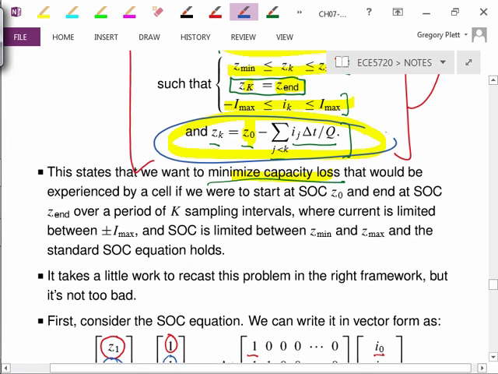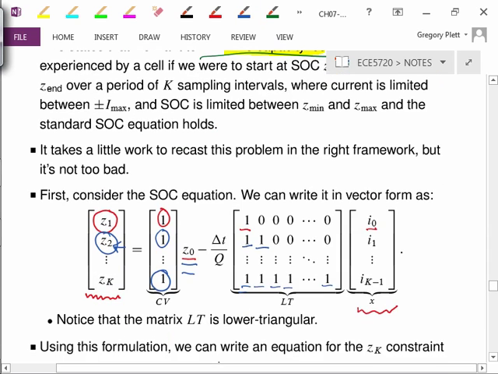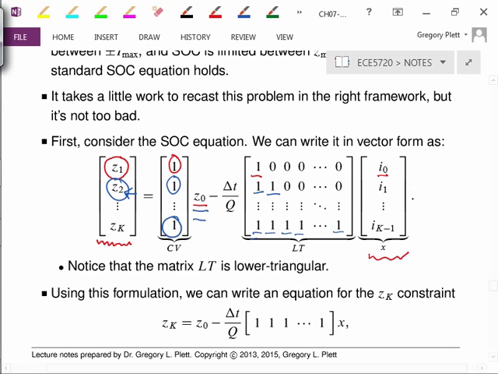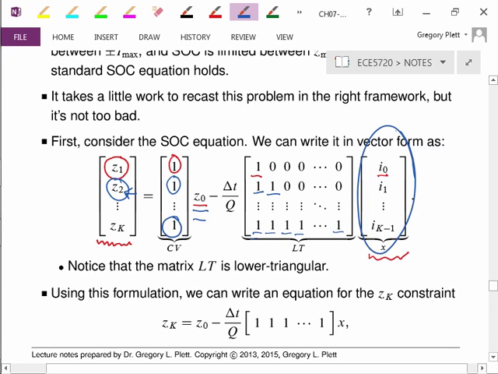This equation right here, converted from a summation formula into a vector matrix equation, is going to be far more useful for the purpose of setting up a nonlinear optimization problem. In this solution, we have all of the currents from time 0 to k minus 1 in vector x, just like we said. That's the profile of current versus time. We have this matrix here, which has a very interesting structure.